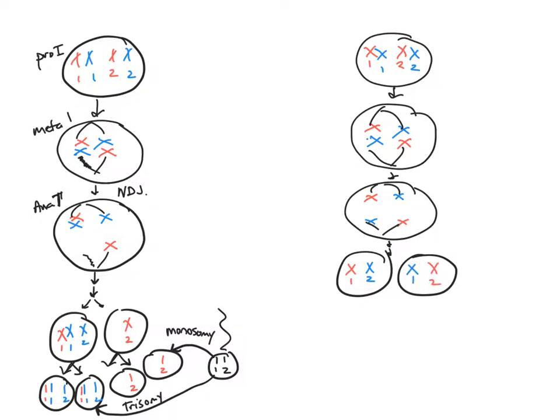Okay, but now we're going to have a non-disjunction event here. So when this lined up, let's draw metaphase 2. In this case, again, the rope just failed to connect. So these ropes came out just fine, and this rope came out, but this one kind of got stuck or something.